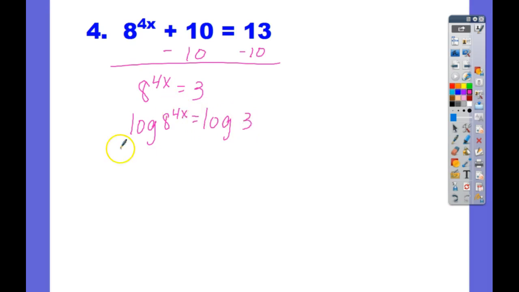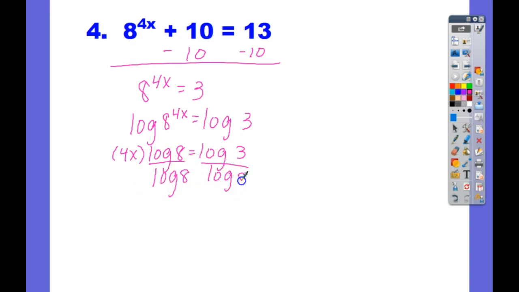I'm going to drop the 4x in front. So when I get to this step, on your calculator, take log of 3 divided by log of 8.